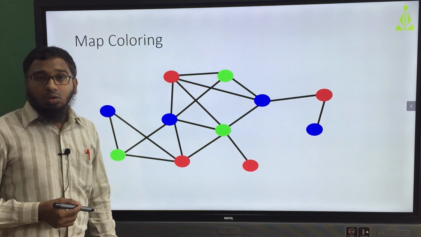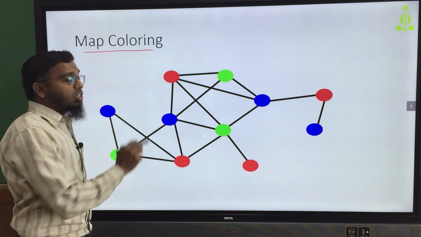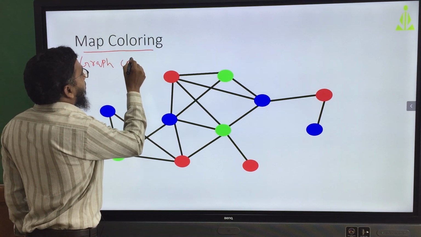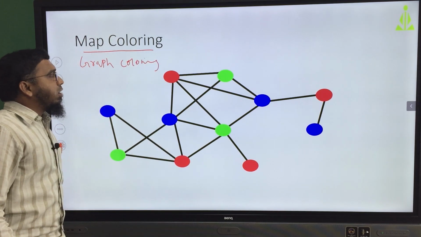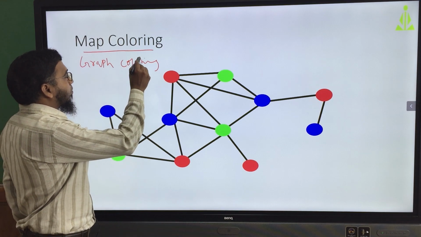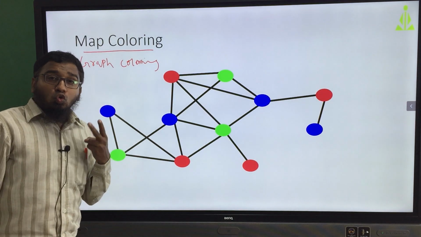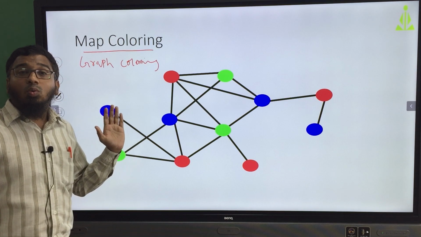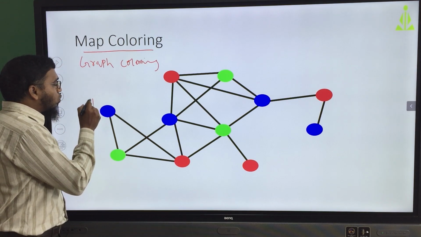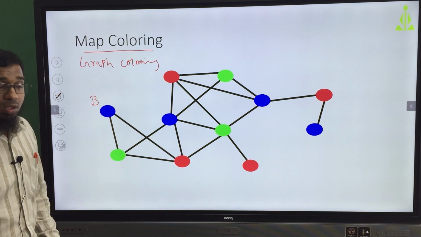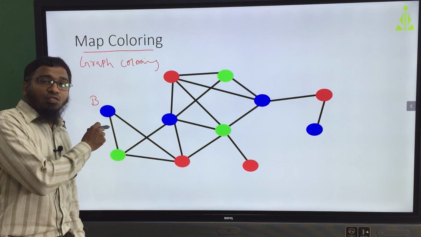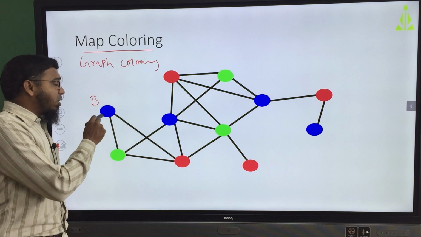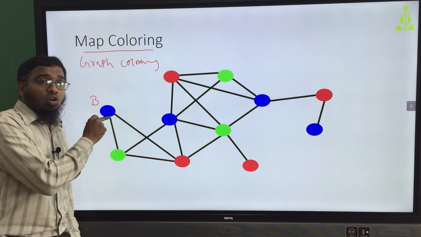Map coloring. We have already done this graph coloring topic. In graph coloring, no two adjacent nodes should have the same color. Here the color is blue, but you cannot give the adjacent node of this blue color the same color.